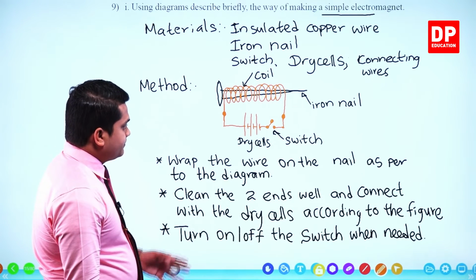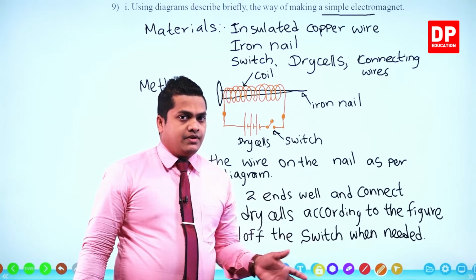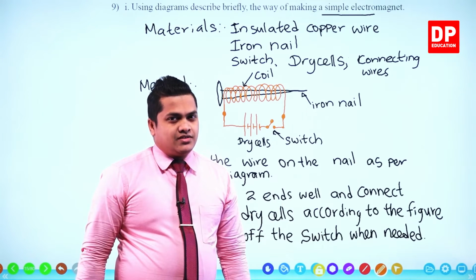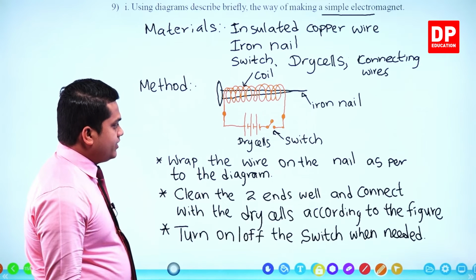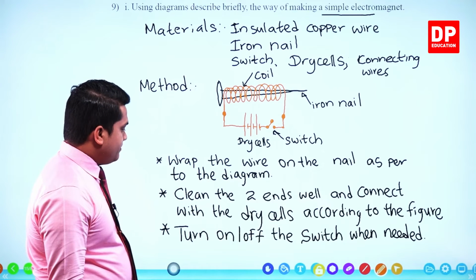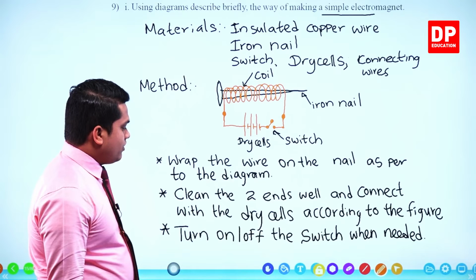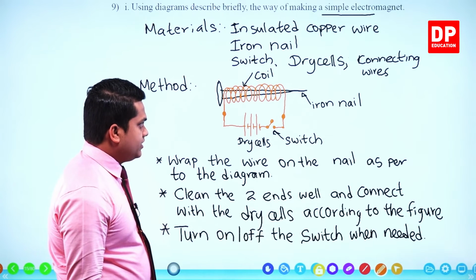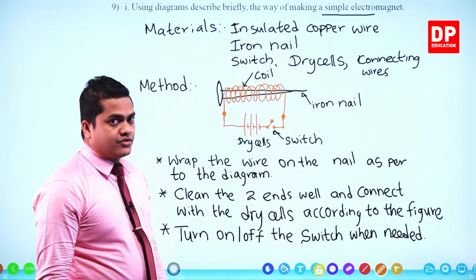Then if you have several drawing pins or any other pins, you can turn on the switch and see what's going to happen. So here it is given: wrap the wire on the nail as per the diagram, clean the two ends well and connect with the dry cells according to the figure, turn on or off the switch when needed.